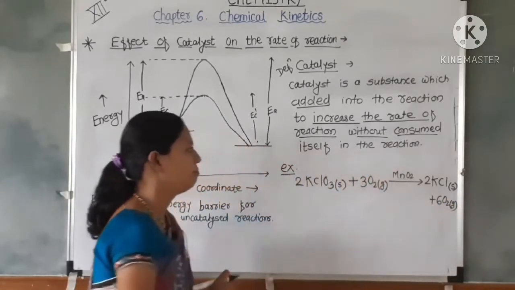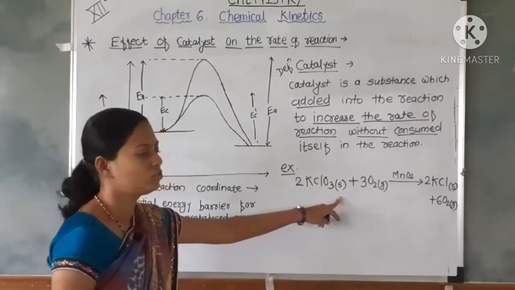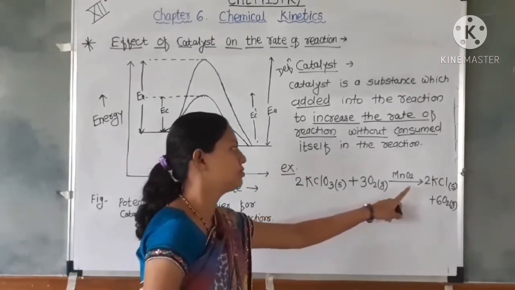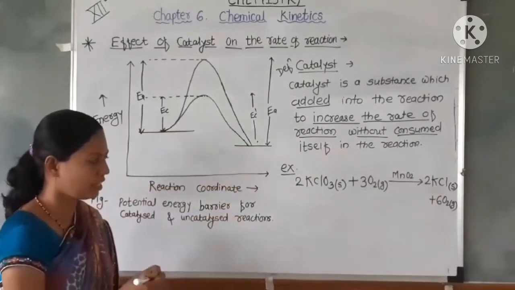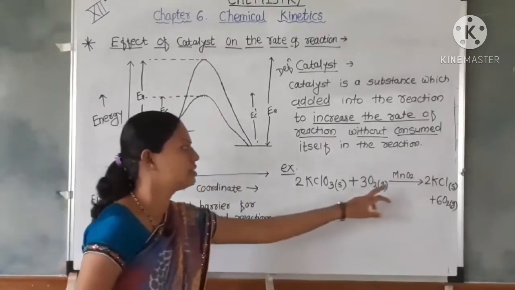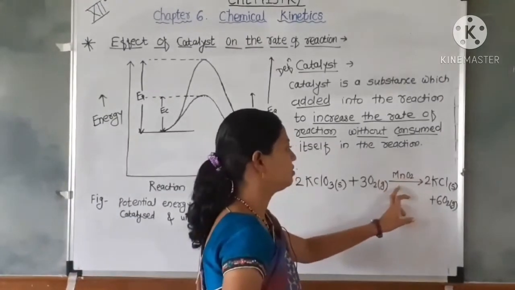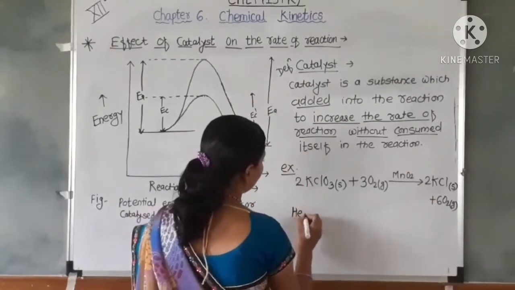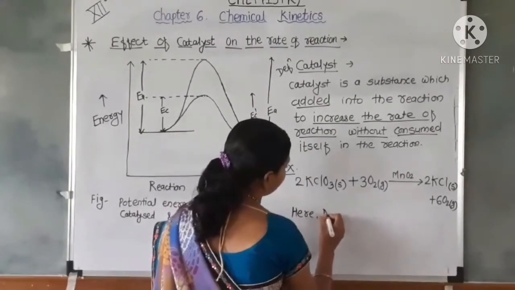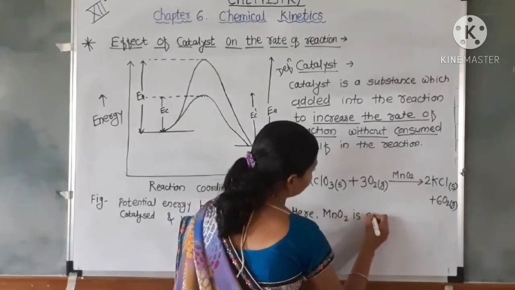Here MnO2 is written on the arrow because manganese dioxide, MnO2, is a catalyst.